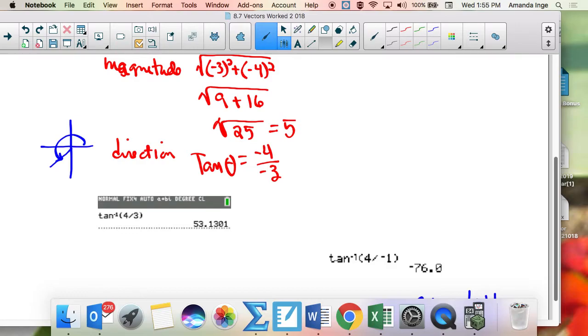So because we're in the third quadrant, we're going to say 180 degrees plus 53.1. And when we do, what do we get? 233 degrees. So we have to add the 180 to it because this is how far we went.